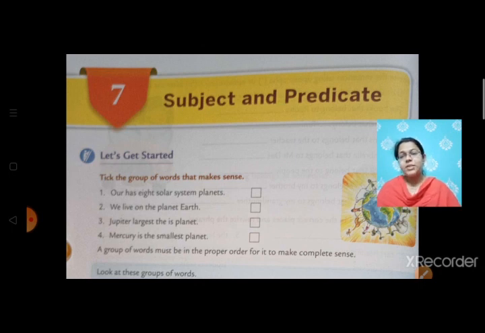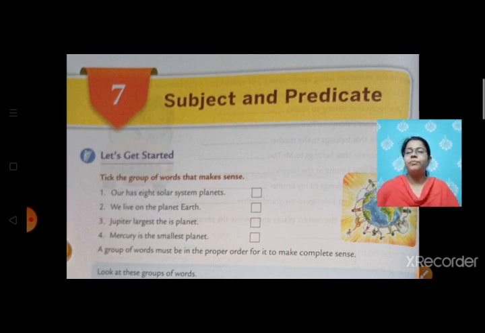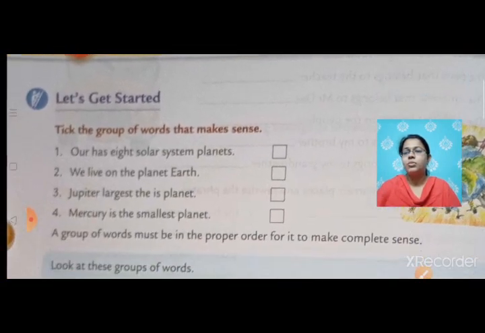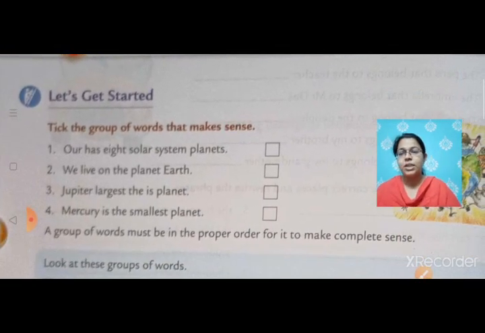So let's start our chapter, that is subject and predicate, and I request you all students to open page number 28. So here students, we have some sentences over here, you can see, which is there in the textbook.